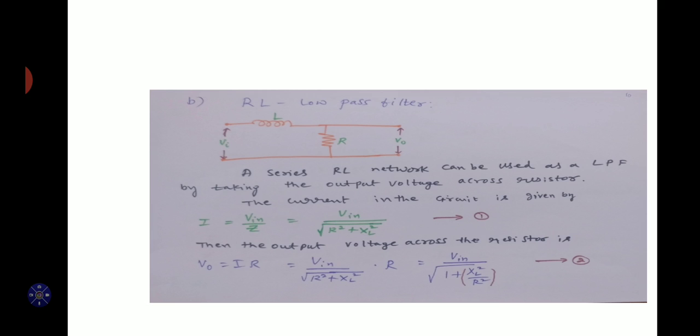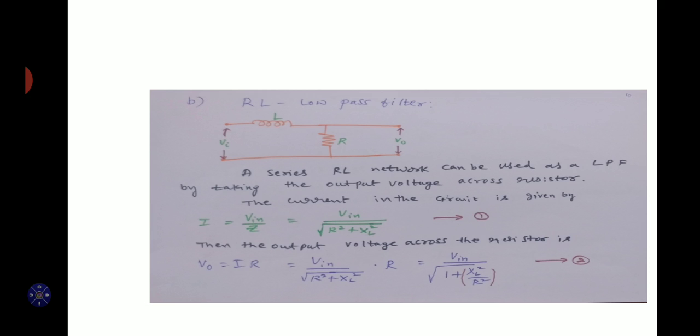The reactance of an inductor varies directly with frequency, but the value of resistance is constant. At low frequencies, the inductive reactance XL will be low compared to the resistance R. Hence, the inductor acts as a shorted terminal.